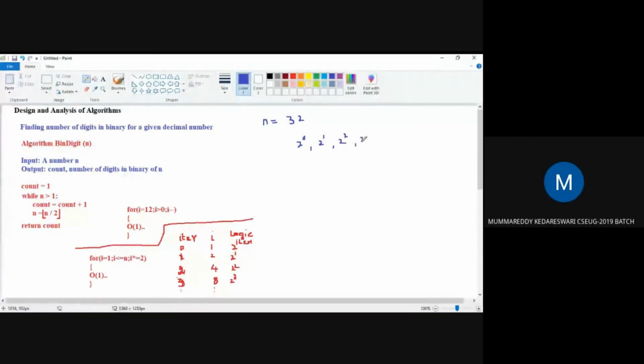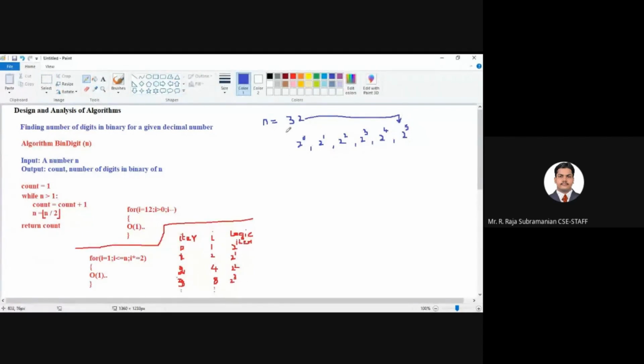Up to what do I have to go? Up to 2 power 5, because 2 power 5 is 32, less than or equal to 32. So 1, 2, 3, 4, 5, 6. Within 6 iterations, I got 32.